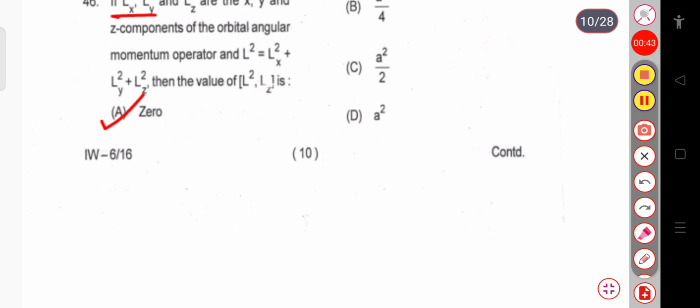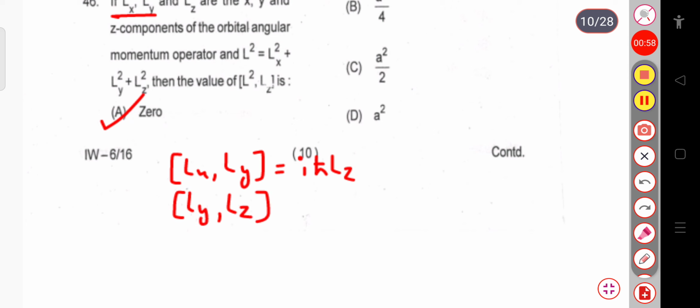The commutator of Lx with Ly gives i h bar Lz, and similarly for Ly, Lz that is equal to i h bar Lx, and for Lz, Lx that is equal to i h bar Ly.